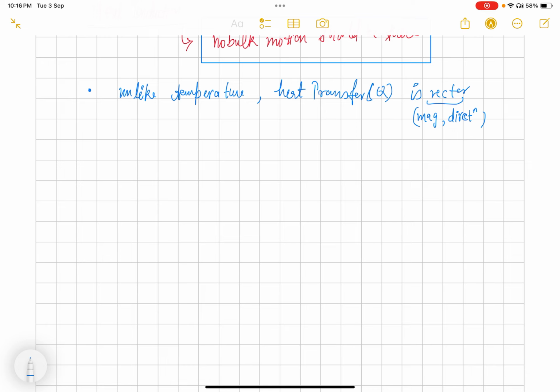We should specify that the potato is getting heated or getting cooled by this specific amount of heat flux. So if we say that the potato is getting heated at a rate of 50 watt per meter square, it means it is receiving heat. So it is a correct statement.